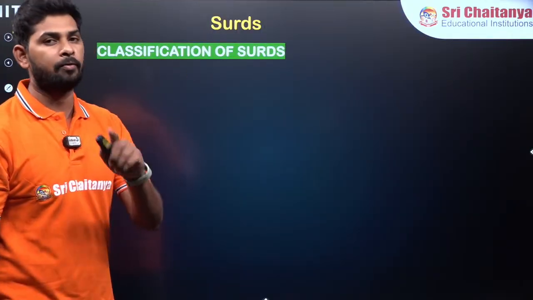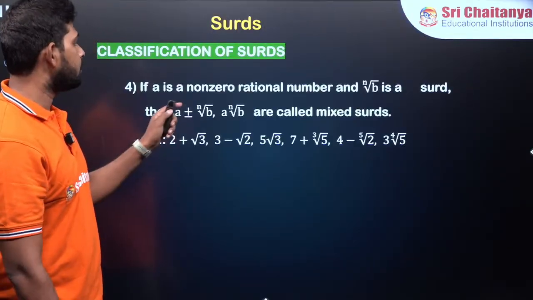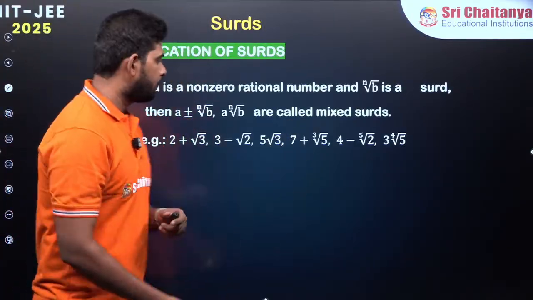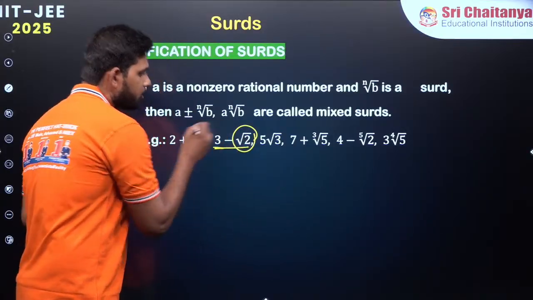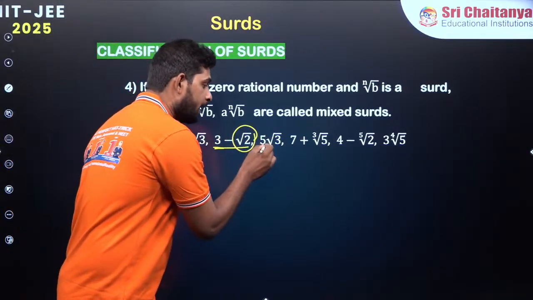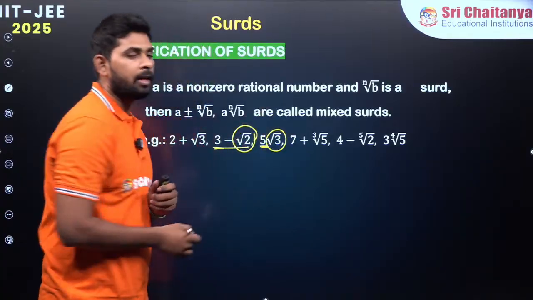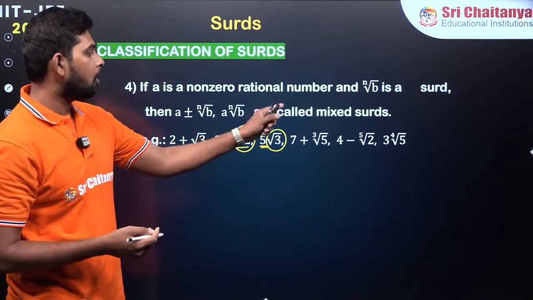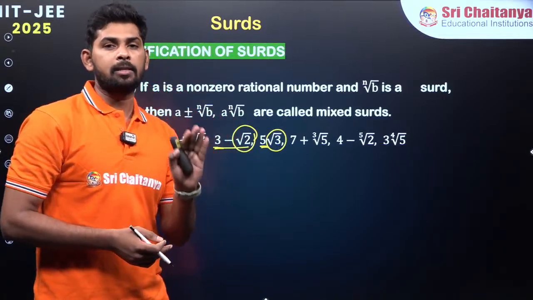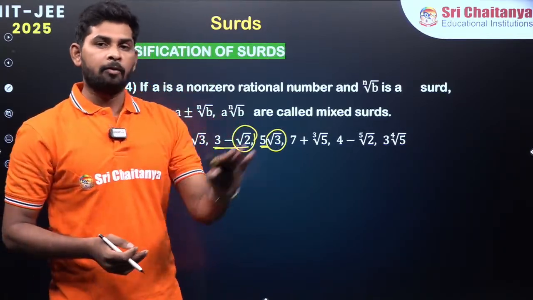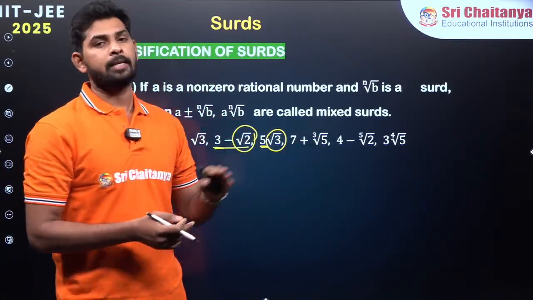Then we have another classification, that is mixed surds. If you take some rational number added to a surd, like 3 minus root 2, or you multiply a rational number with a surd, like 5 root 3, that is also called a mixed surd. You are multiplying, adding and subtracting, giving algebraic operations for these surds, including rational numbers.